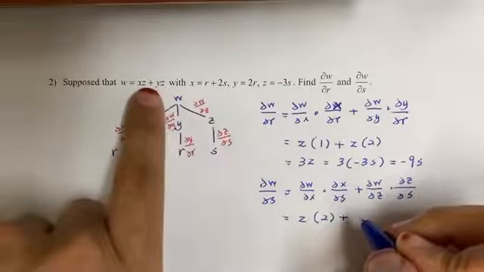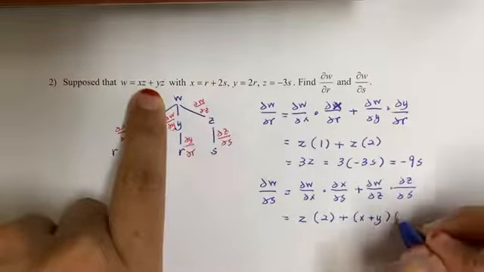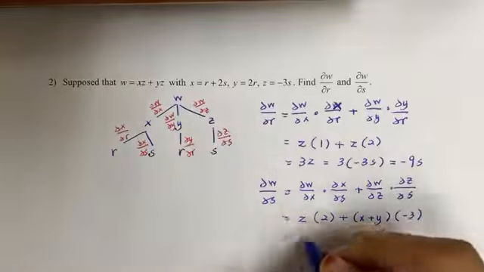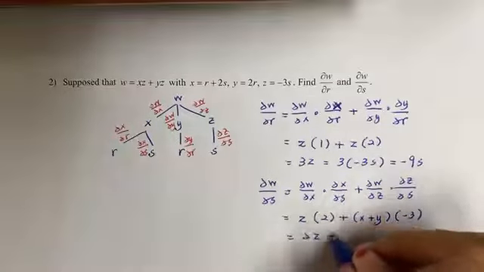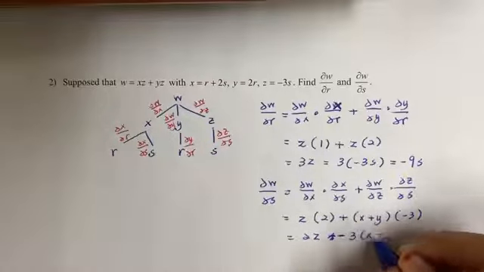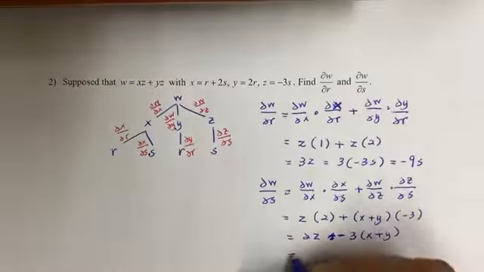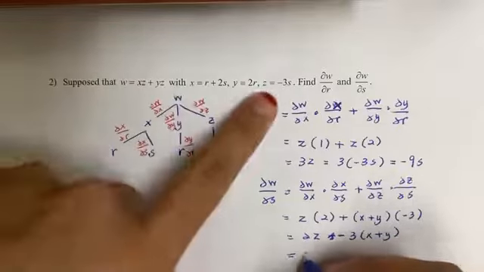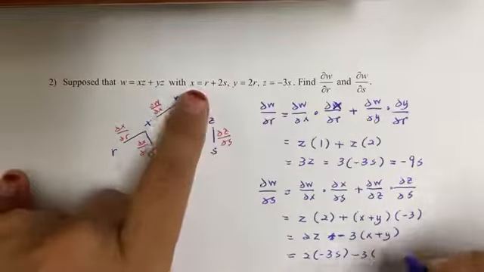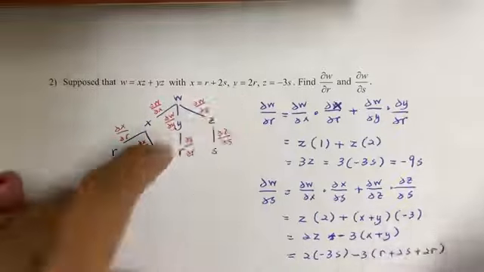Okay, so del W over del Z you have X plus Y, multiplied by del Z over del S, which is minus 3. So you have here 2Z minus 3 times X plus Y. Then what you need to do next is to substitute X, Y and Z. So 2 multiplied by negative 3S, minus 3 times R plus 2S plus 2R.